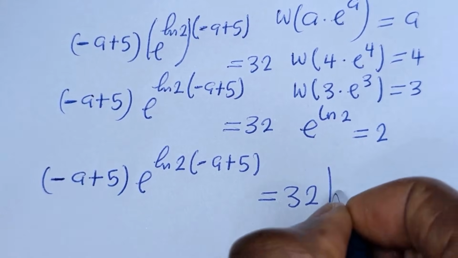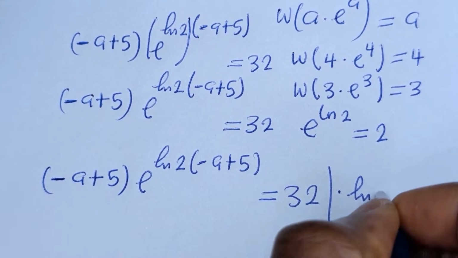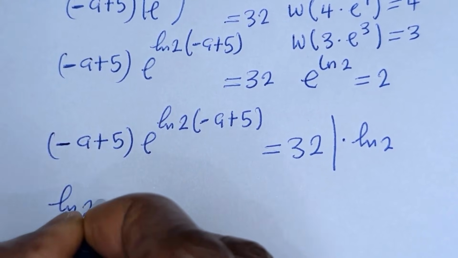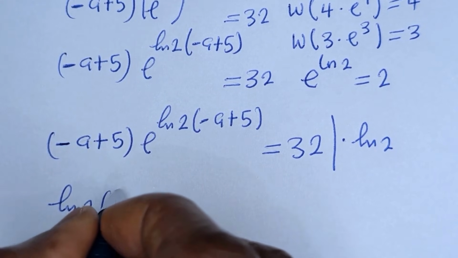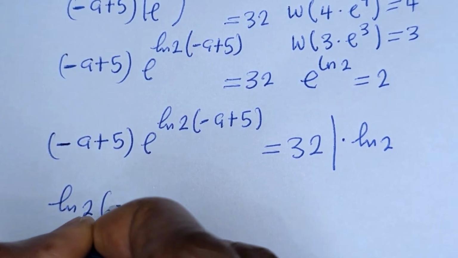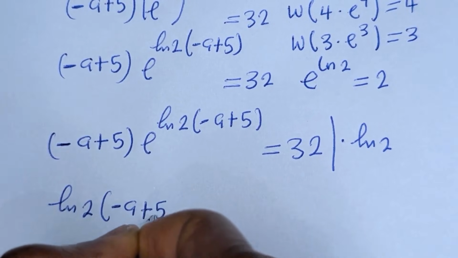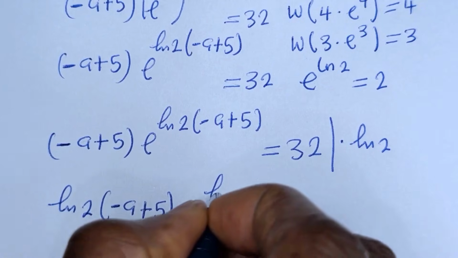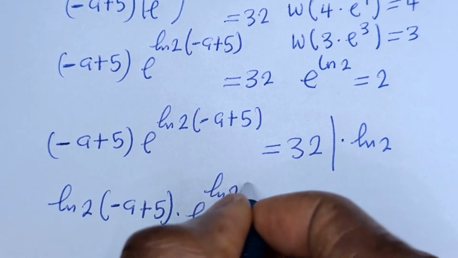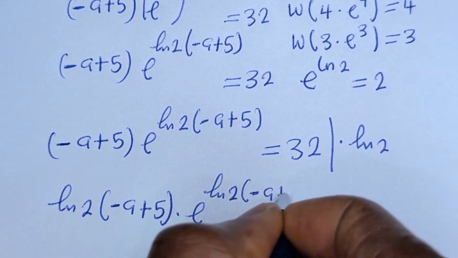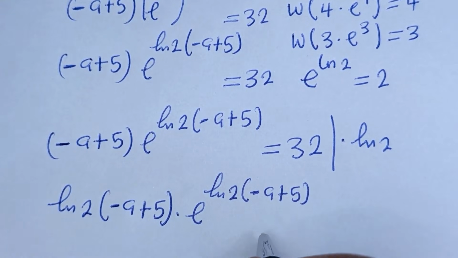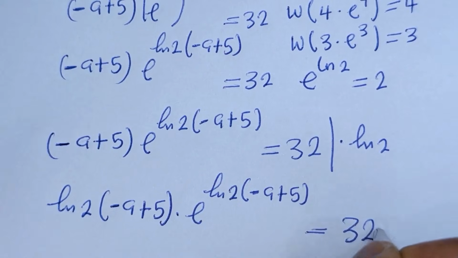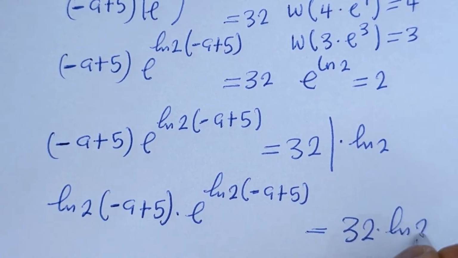Let us multiply all through by ln of 2. ln of 2 bracket minus a plus 5 multiplied by this e raised to power ln of 2 bracket minus a plus 5 is equal to 32 multiplied by ln of 2.